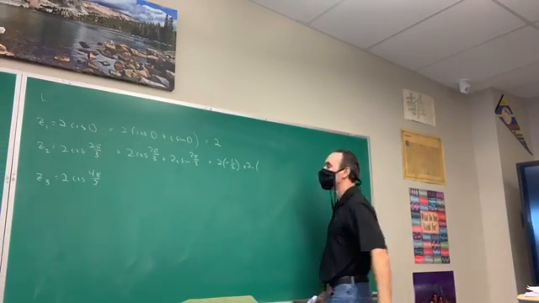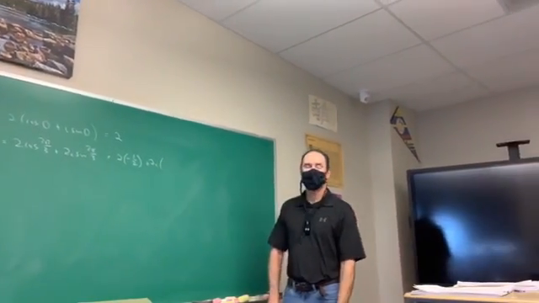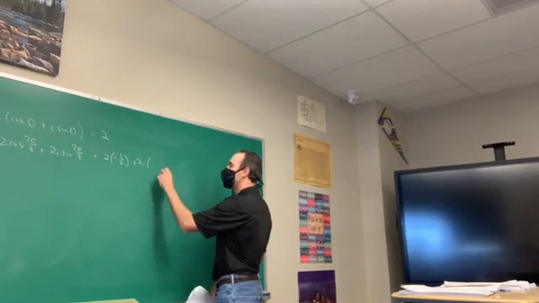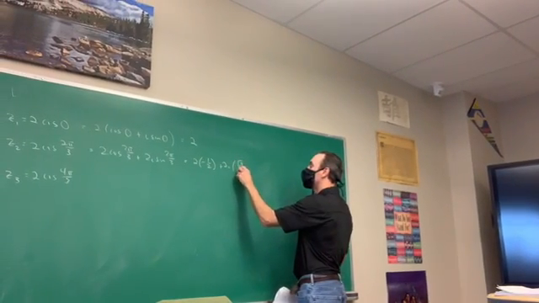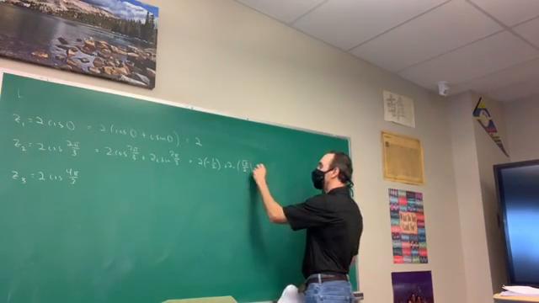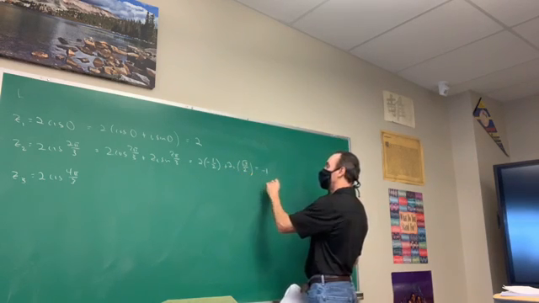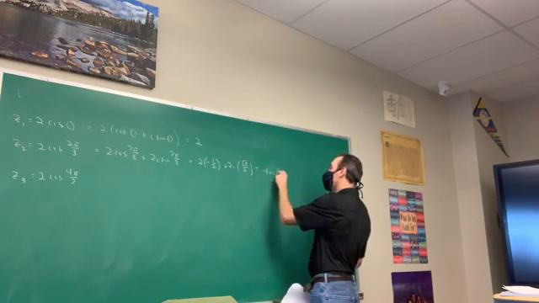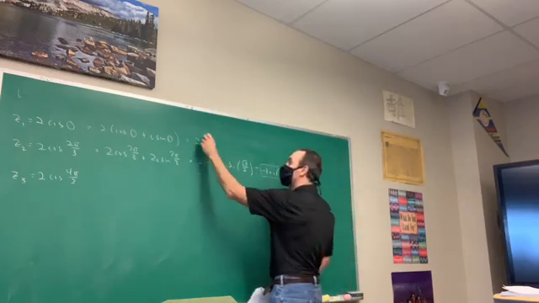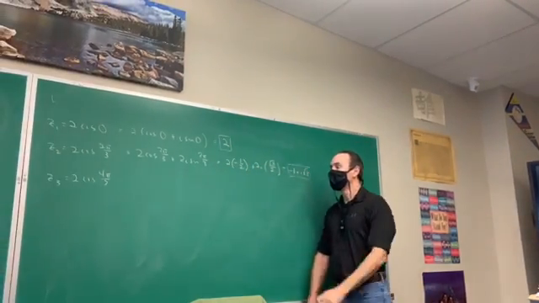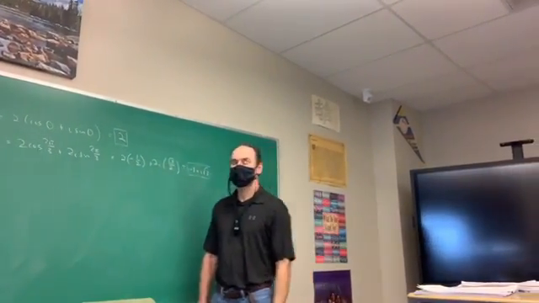And the sine of 2 pi over 3 is going to be... so our final answer is going to be negative 1 plus i square root of 3. So there are the first 2 cube roots of 8.